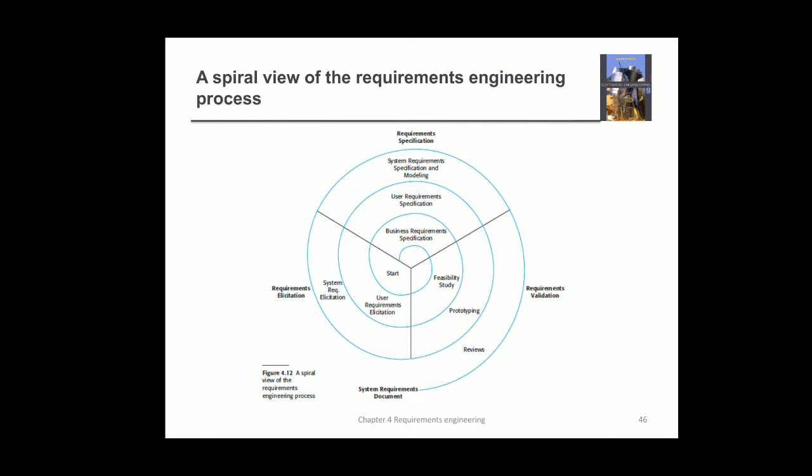Then we have a feasibility study. The feasibility study is a study wherein, once a requirement has been collected from the customer, we check whether we can build the application within the predefined time and the budget allocated. If it is possible to build the application with the given budget and time, then we proceed, or else we stop in the initial steps only. So that is a feasibility study.